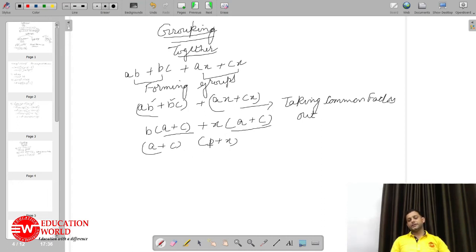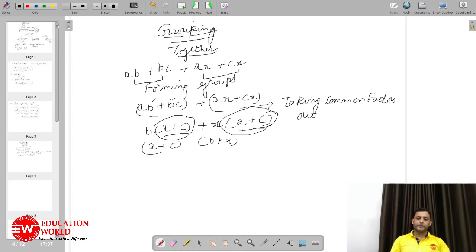Even you can check whether your factors are okay or not. How? When you take common out of these two brackets, whatever comes here, they are always the same. If they are not the same, you have to check.